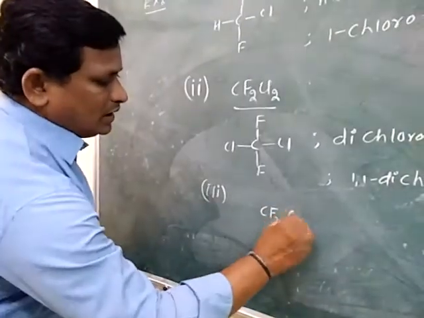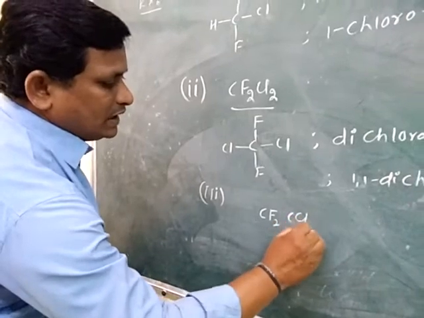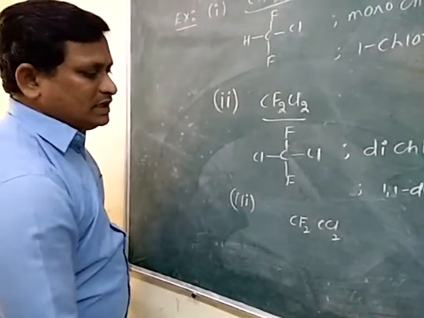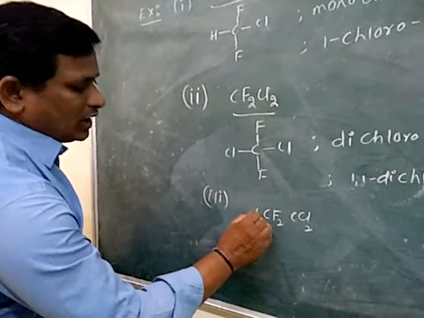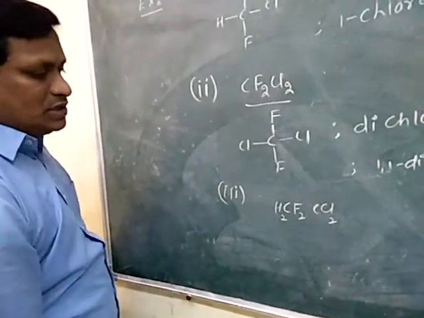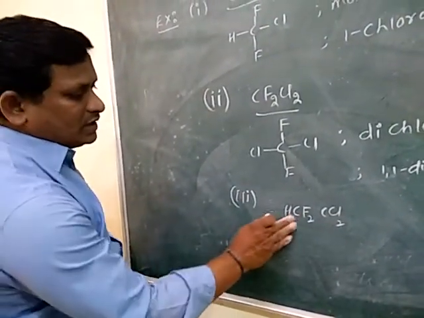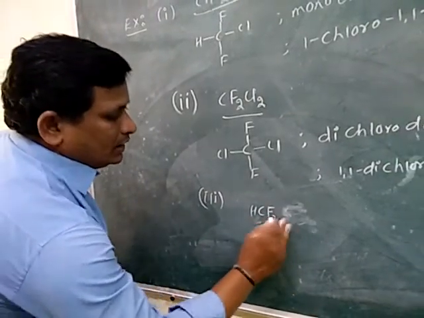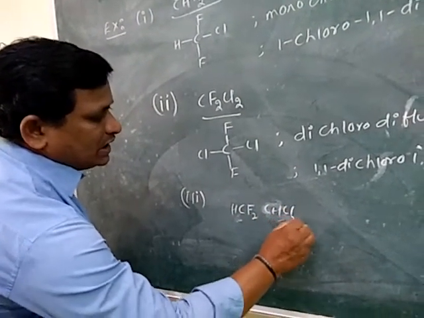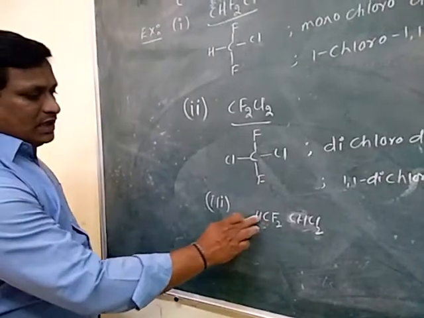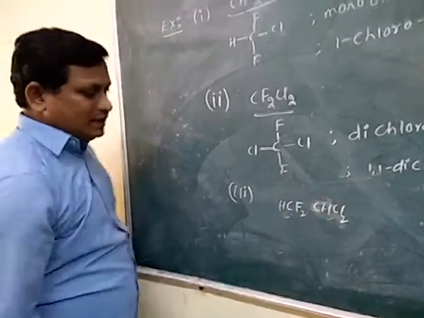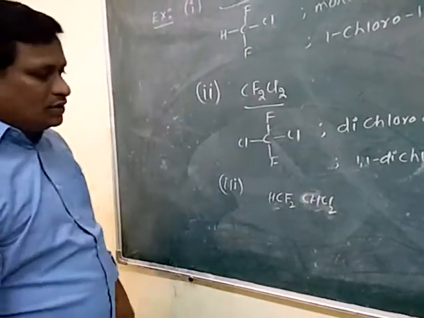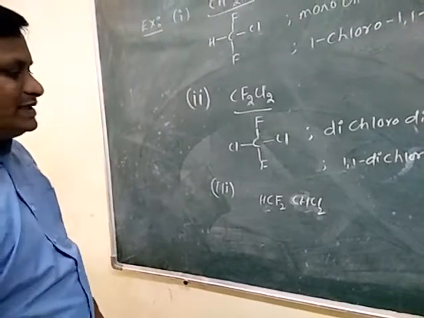The third example of the prions is CHF2CHCl2. The number of carbons is 2, so its root word is ethane.